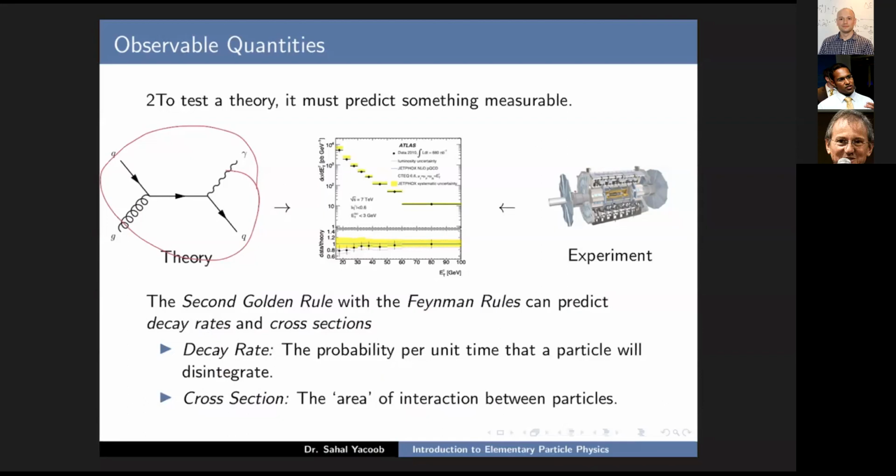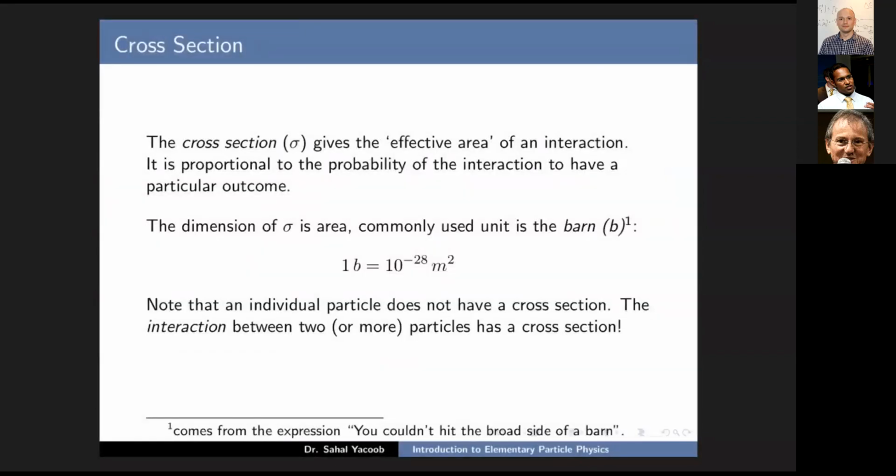There's a whole slide on that, and we'll talk about it in more detail. And here is that slide. The cross-section gives us an effective area for an interaction, and it's proportional to the probability of the interaction to have a particular outcome.